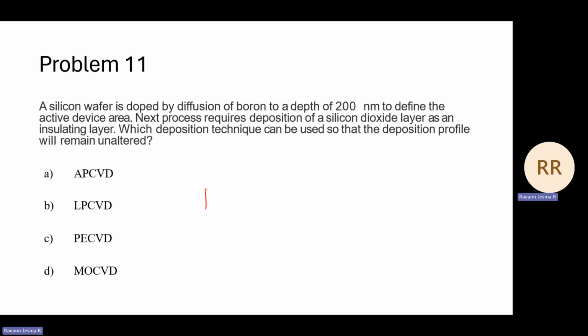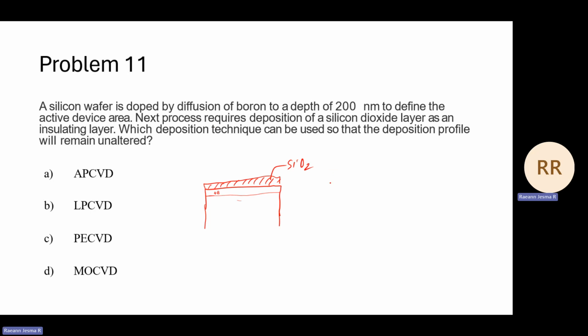So let's say you have a silicon wafer and, for a depth of 200 nanometer, you have doped the silicon by diffusing boron. The next process requires deposition of SiO2 as an insulating layer on the top. So you need to deposit SiO2 on top. Which deposition technique can be used so that the deposition profile will remain unaffected?